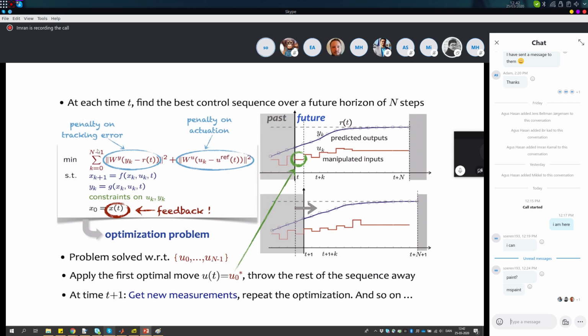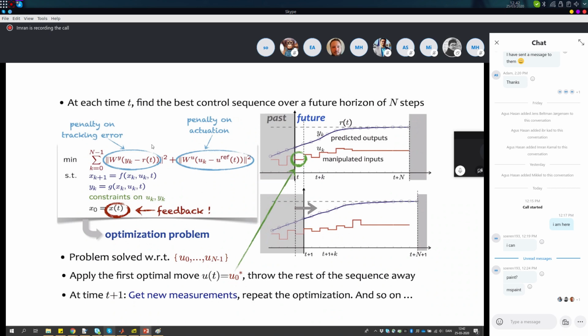A tracking problem is that you are given a trajectory or set point, and then you want to go from your initial position or initial state to this reference or reference trajectory.